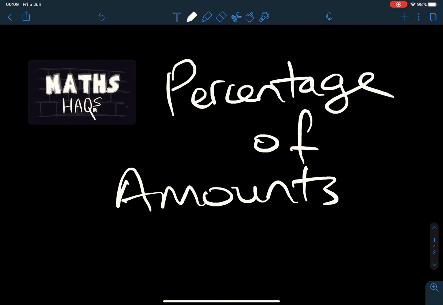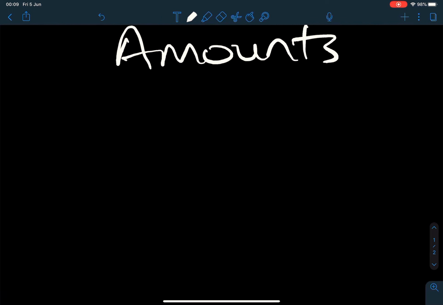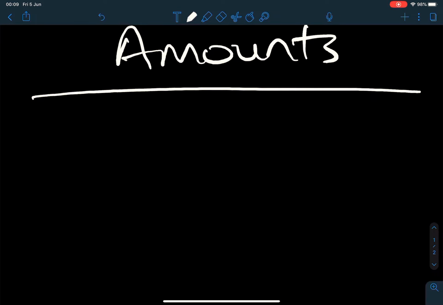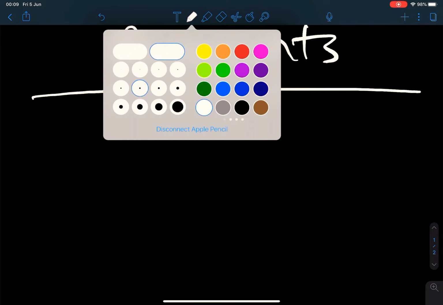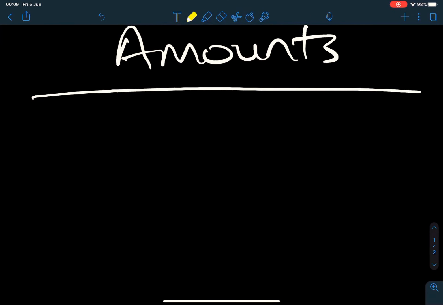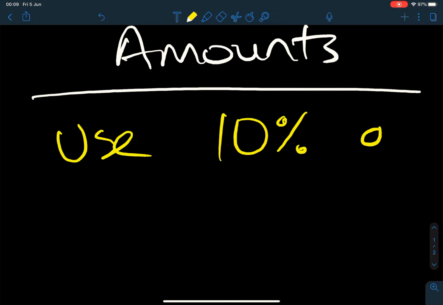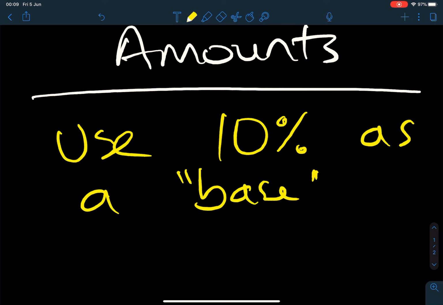So what we're going to do is percentage of amounts. Now, percentage of amounts is a topic that we probably did a few months ago, so let's do a quick recap. If you remember, whenever we're trying to work out a percentage of an amount, one of the key things to remember is that we use 10% as a base to start off.